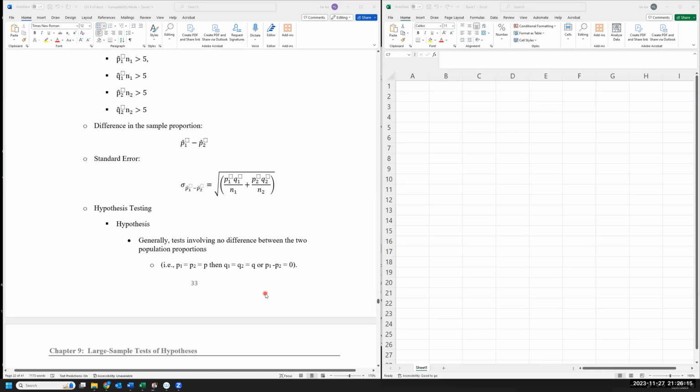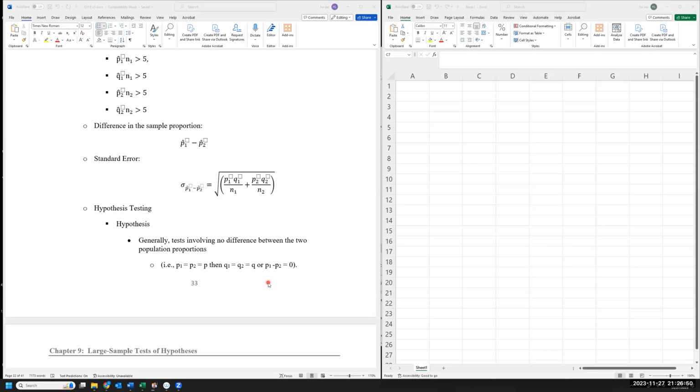Now, when we do the hypothesis testing, generally, in a more simplified situation in an introductory class like this, we're going to test if this difference is just equal to 0 or not, okay? So we could do a one-tailed test or two-tailed test, but generally we're going to test whether the difference is 0 or not.